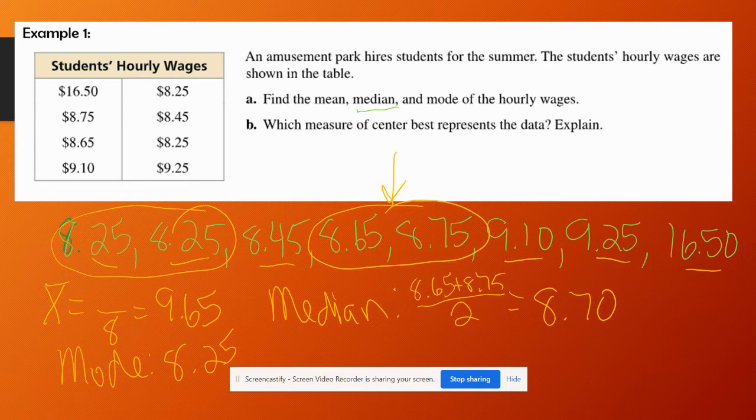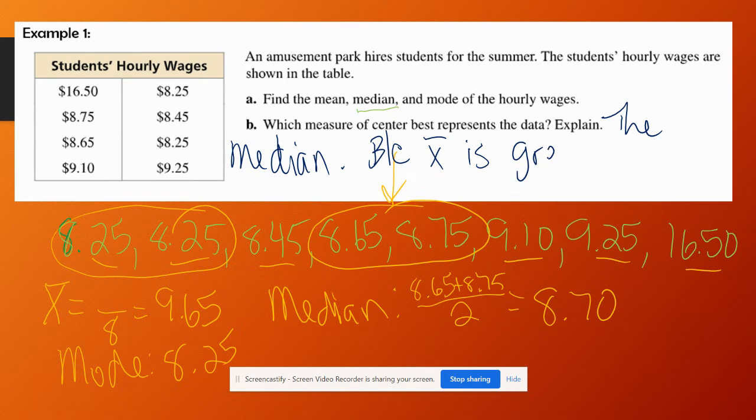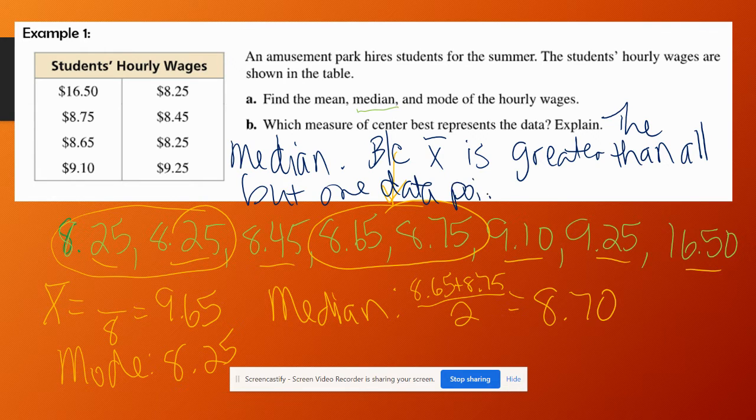Which measure of center best represents our data then? In this case, I'm going to say probably the median. And that's going to be because the mean is greater than all but one data point. 9.65 is larger than all of this stuff here.